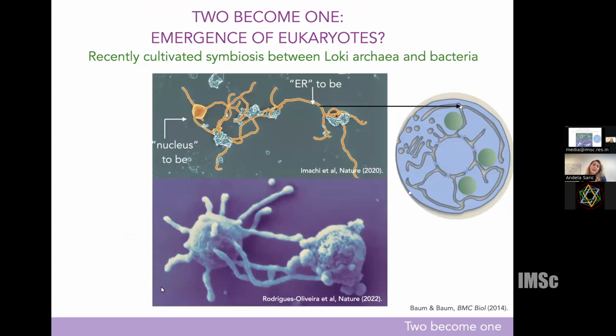So the question we ask is, and these are this symbiosis that has been altered of this Asgard archaea, and other archaea bacteria, and they have these tentacles. And the question we ask, why do you need these tentacles for our symbiosis? Like, if I wanted to make a symbiosis with you, wouldn't I want to hug you completely? Why do I want to shoot out tentacles?